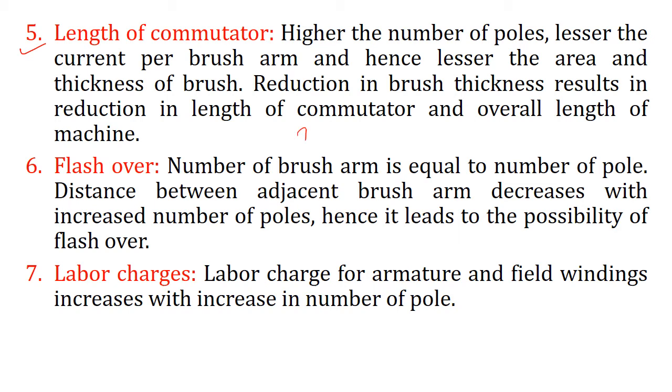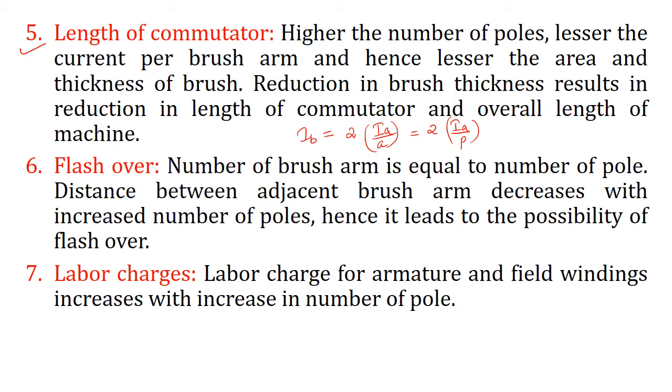The current through brush arm IB is equal to 2 times current per parallel path. In the case of a lap wound machine, current per parallel path can be written as IA by P, where number of parallel paths is equal to number of poles.